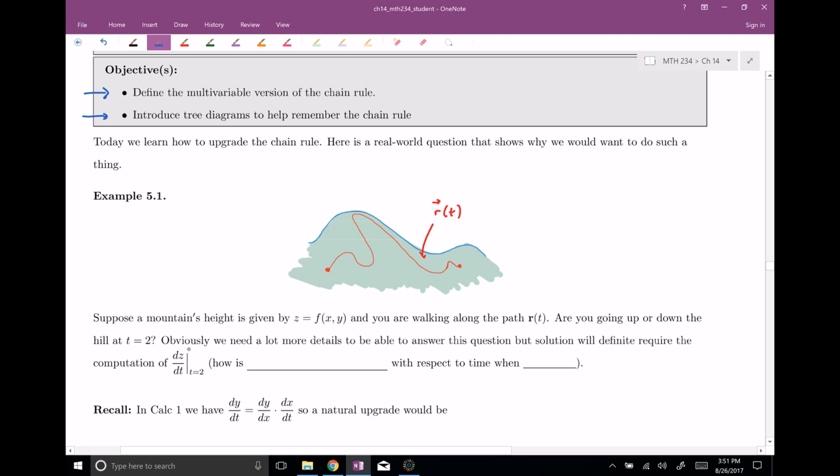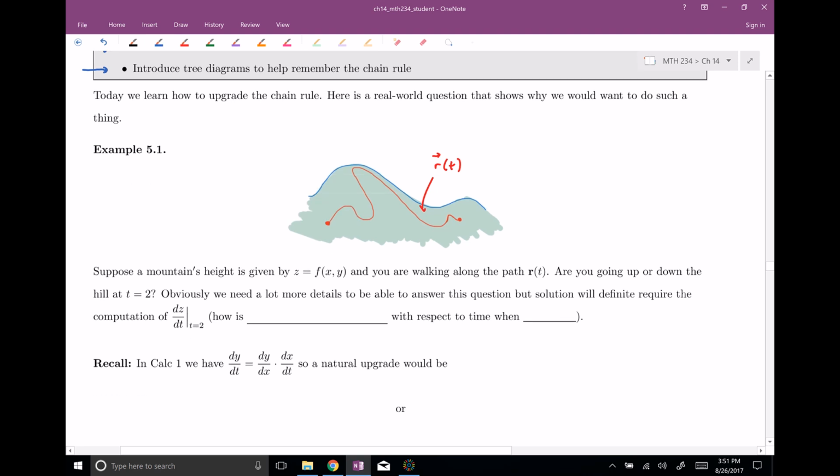So this is our good old Leibniz notation here. It's telling us what we're taking the derivative with respect to. So I'd like to take the derivative with respect to t, which is a little bit weird because z depends on x's and y's. There aren't any t's here. So we have to be a little bit clever here. So again, this is saying, how is z changing with respect to time, t, when t equals 2?